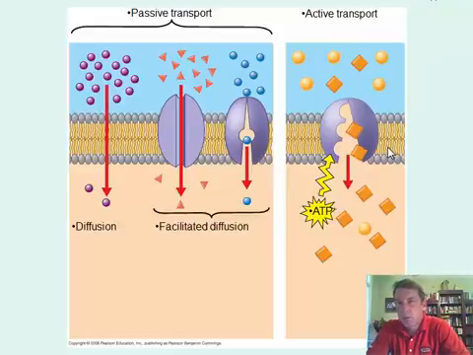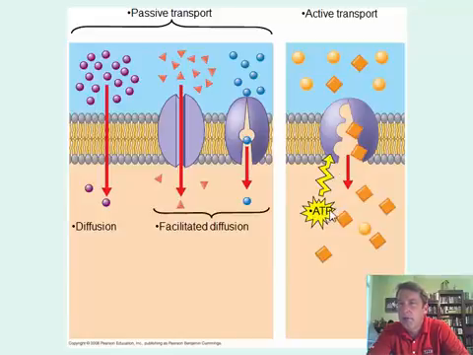So here in the active transport, energy is a requirement for this transport to occur. In your textbook, ATP, which we just talked about in the last podcast, adenosine triphosphate, is the molecule that is going to fuel these reactions.